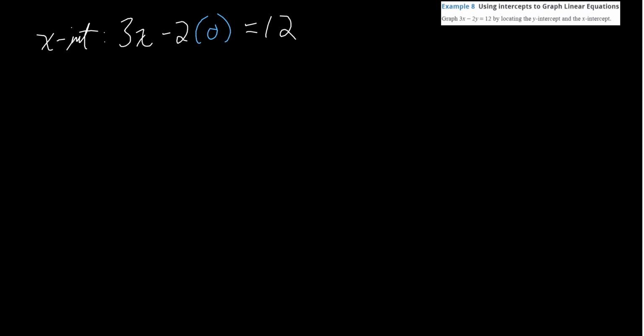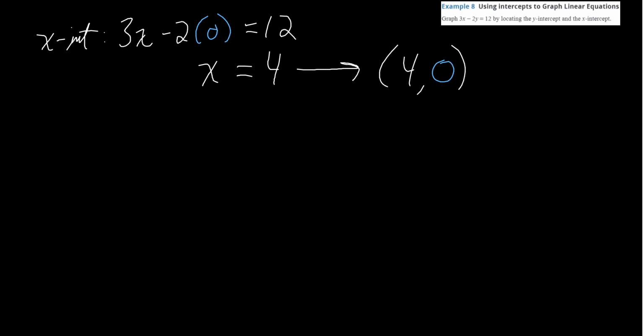So we have 3x equal to 12. We divide both sides by 4. We end up with x is equal to 4. My x value here is a 4. My y value is the value that I gave it, which is a 0. So (4, 0) would be my x-intercept.